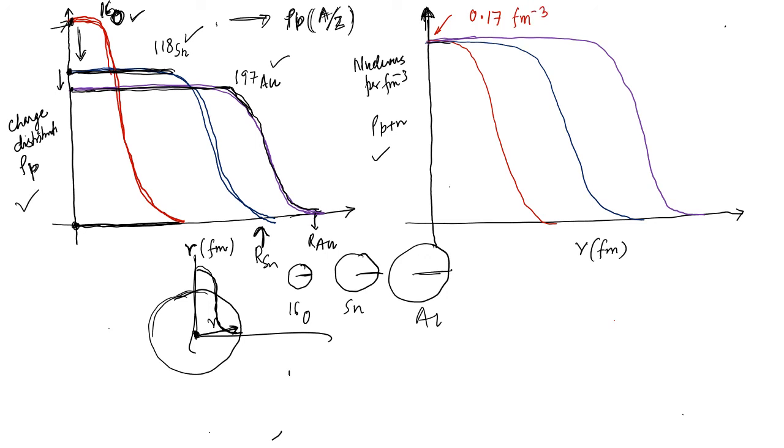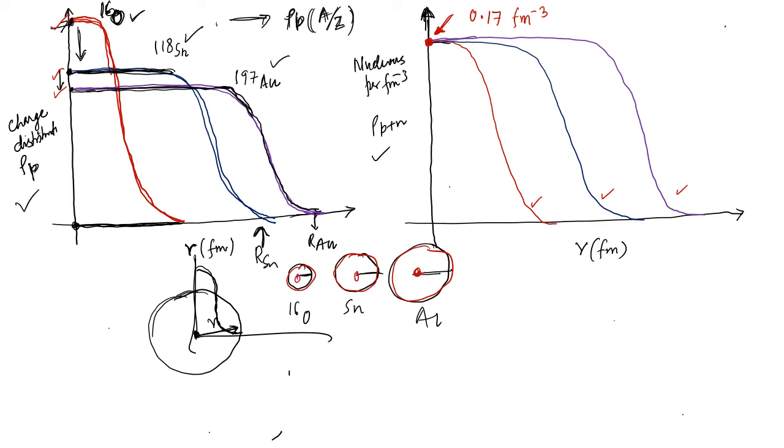Because I told you that the matter density is almost the same, of the order of 10 to the power 17 kilogram per meter cube. So this is not like the charge density at the center, which is varying; the matter density is the same at the center for oxygen as well as for tin as well as for gold. Whatever the size of the nucleus is, the matter density at the center is the same.